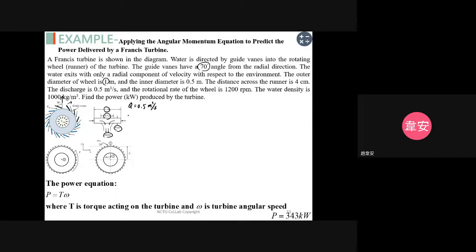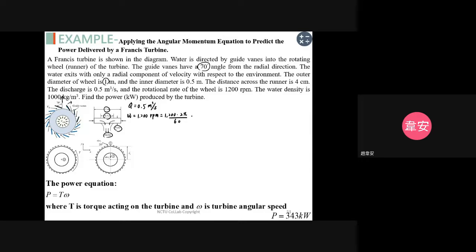of the runner is 1200 RPM. The RPM is revolutions per minute. So we can convert the 1200 by multiplying by 2 pi, because 1 circle is equal to 2 pi radians, and 1 minute we convert to seconds is 60 seconds.